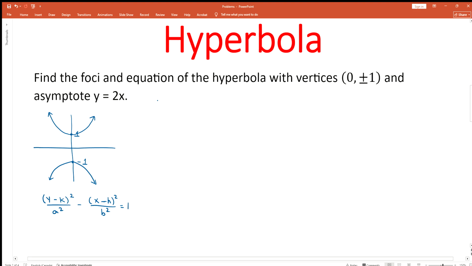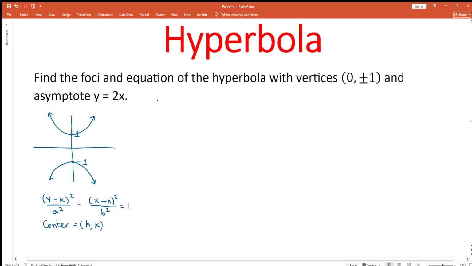As per this equation, the center of the hyperbola is (h, k). We can use the given vertices to find the center of the hyperbola. The center of the hyperbola is the midpoint of the line segment that joins the vertices of the hyperbola. We can find the midpoint of the line segment using the midpoint formula.